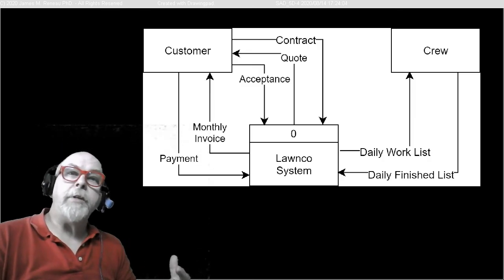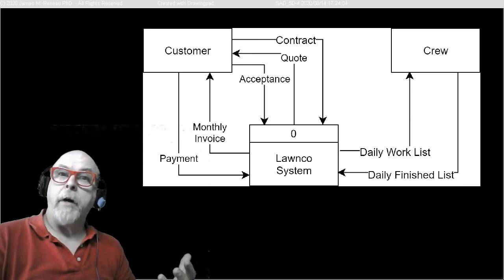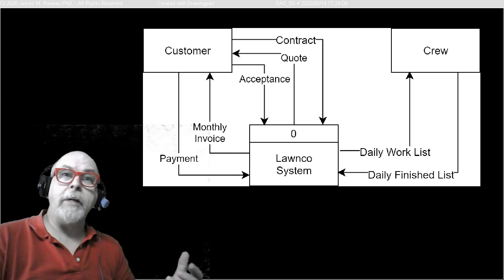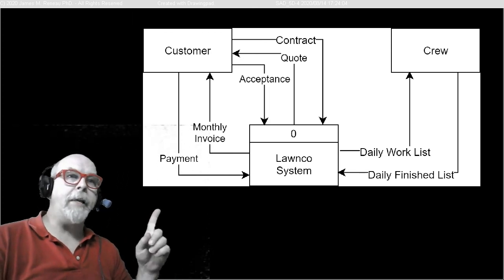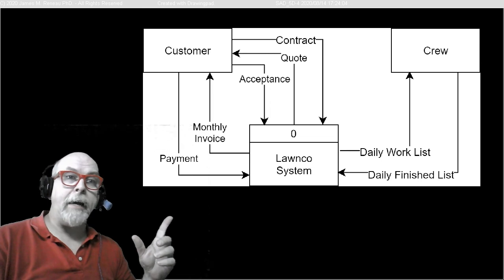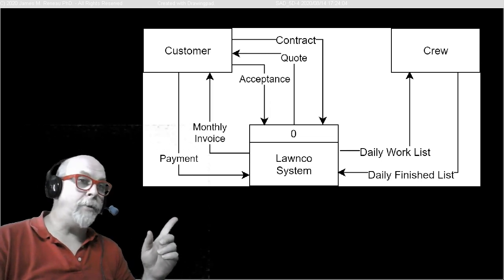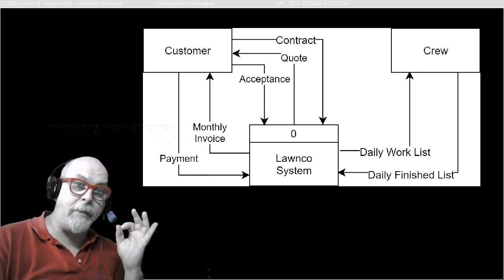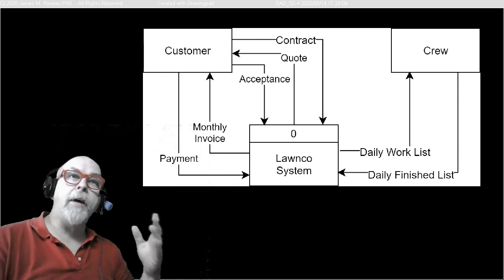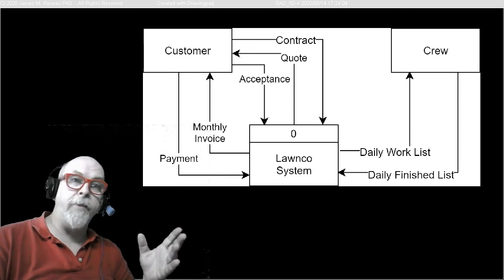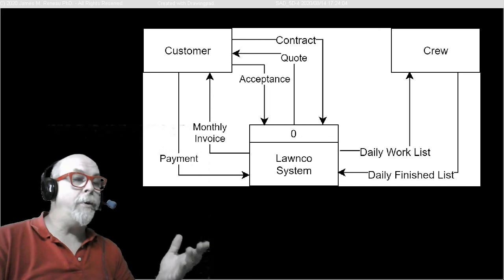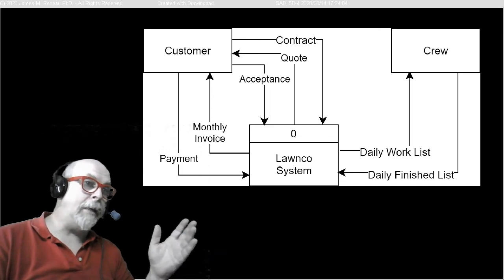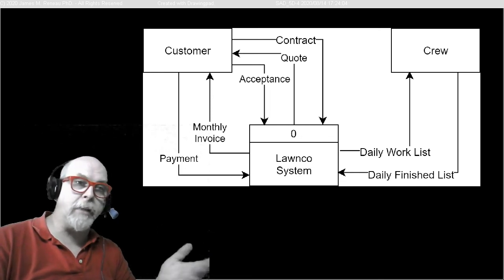So here I use the Draw.io open source graphics drawing tool, and I generated a pretty context diagram. You can see that the Lawnco system is there as process 0. You can then see the customer with their 5 flows and the crew with its 2 flows, the work list and the work daily finish list out.